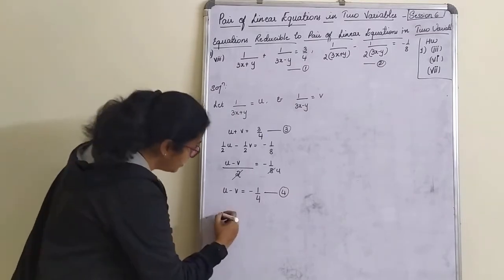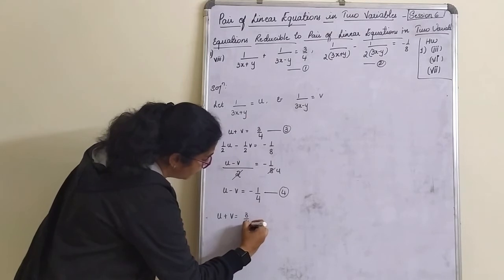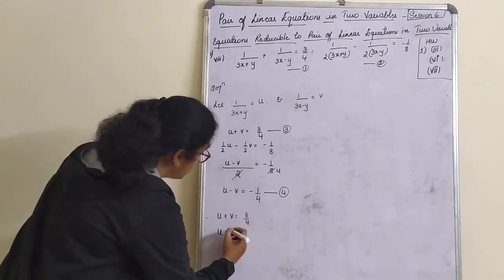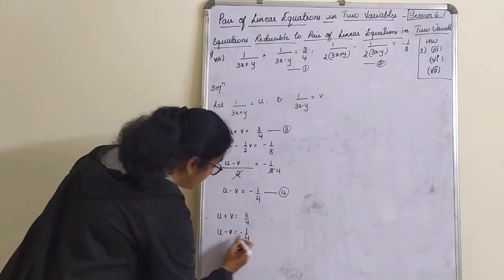Okay, let's solve this. u plus v is equal to 3 by 4. u minus v is equal to minus 1 by 4.